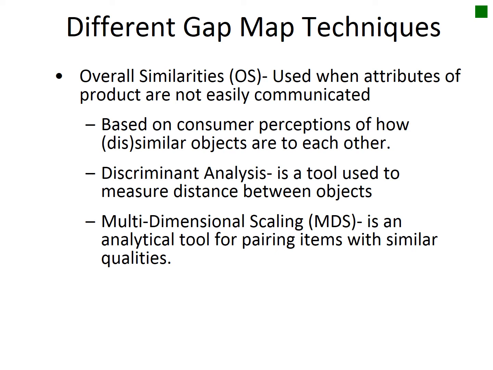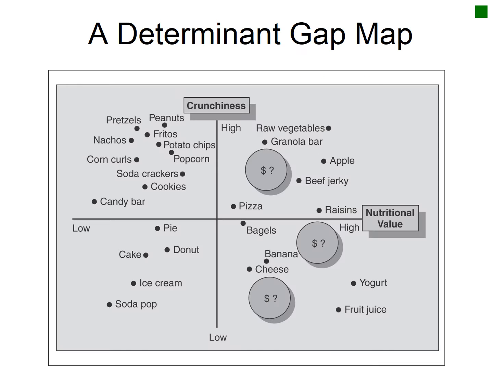And this is a statistical technique similar to discriminant analysis that will illustrate the distance that brands have from each other. As an illustration of a perceptual map, we have this one that deals with products that relate to snack foods or snack items.